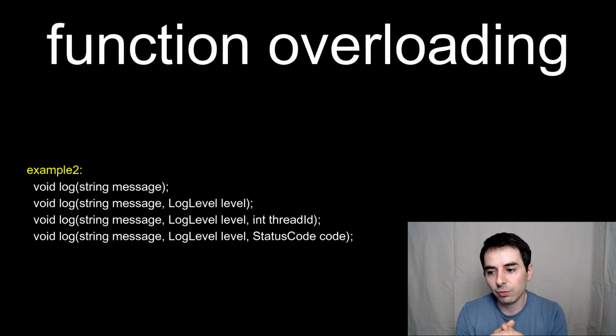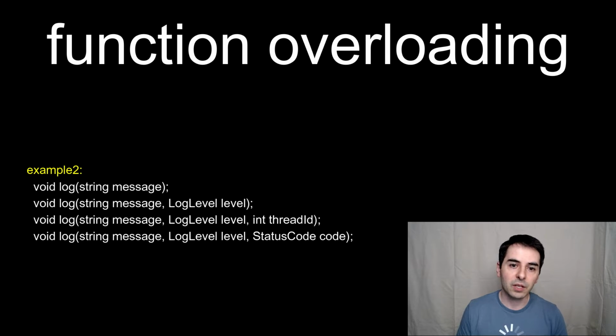So another one might be if you want to log a message in a file, let's say, or in console. You write a program, you log something for your diagnostic information so that after running the program, you can open that log file and see what was going on, what happened, if it ran the way you were expecting or not. So for logging some information, you might have different methods, right? Which one might be just accepting one plain string, which means you just provide what text to log and that's it.